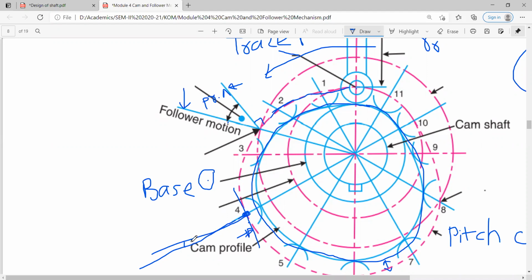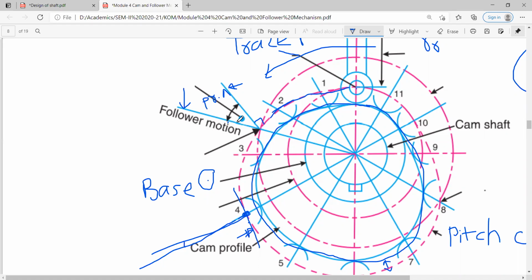So you can see that the pressure angle is not the same at different points on the pitch curve. At different points it will be different. This pressure angle will decide whether the follower will get jammed or it will have a free reciprocating motion.